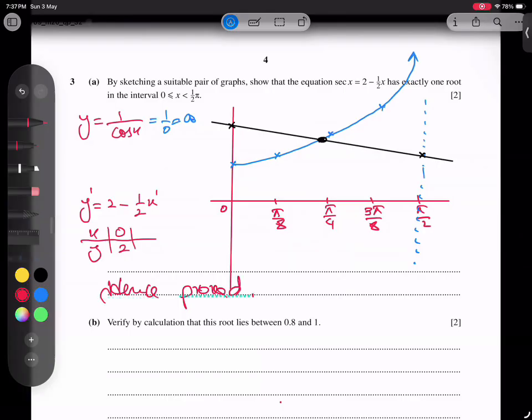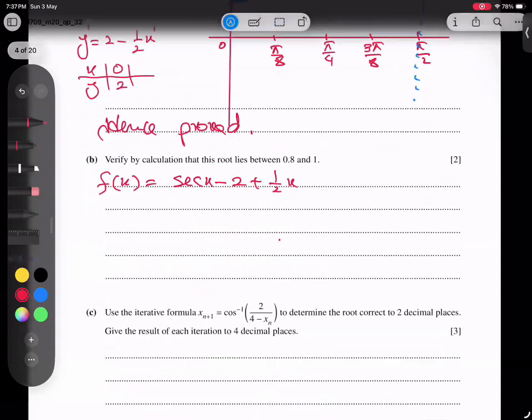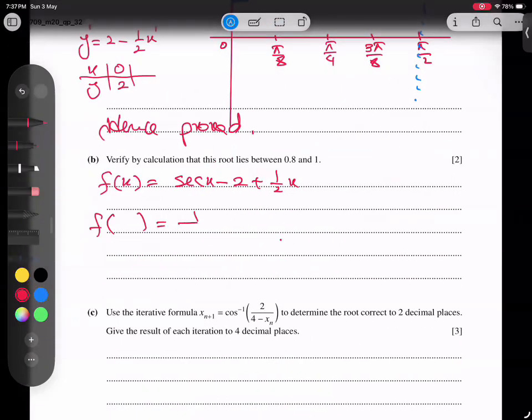Verify this root lies between 0.8 and 1. So I have two choices, students: either left becomes right or right becomes left. I'm writing here f of x equals secant x minus 2 plus half x. So I'm going to replace every x: first of all, 1 over cos, and negative 2 plus bracket over 2.